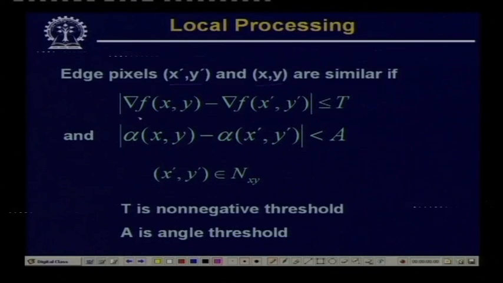We know that f x y is the image function, which gives the intensity value at location x y in the image, and grad f x y gives the gradient of the intensity value at location x y.